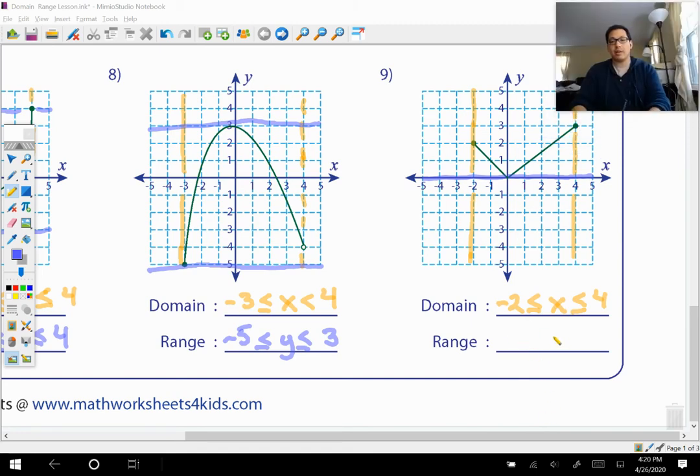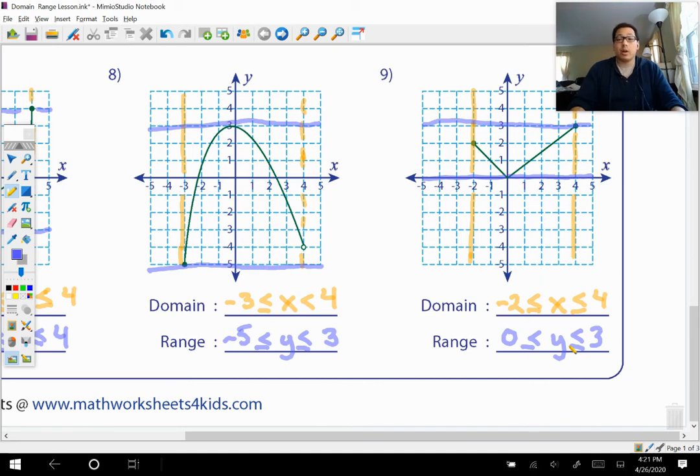Okay, so the y value in this last graph goes from 0 to +3. Does it touch both of them? Yes, it does. So it's closed on both sides. And that is what the range of these graphs would be, how you would write them.